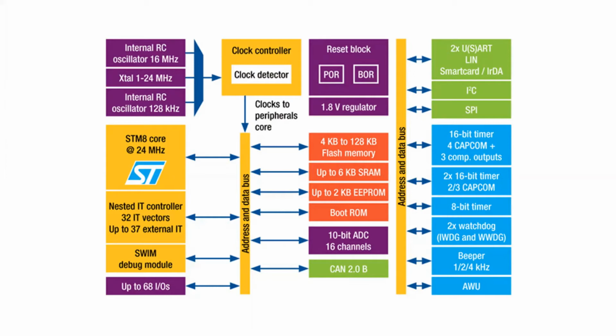So if you need a certain signal to trigger every 27 microseconds, for instance, you'd be using a timer for that, and that's going to be able to get very precise timing.